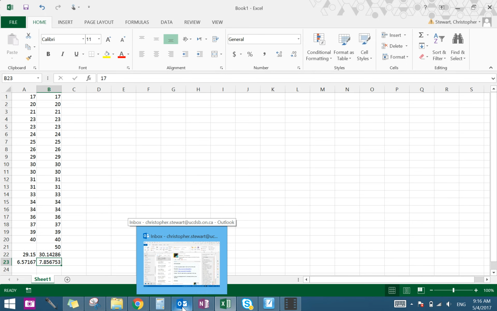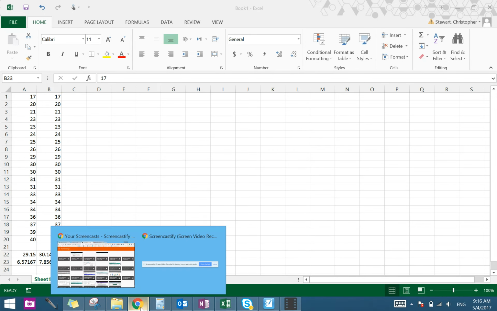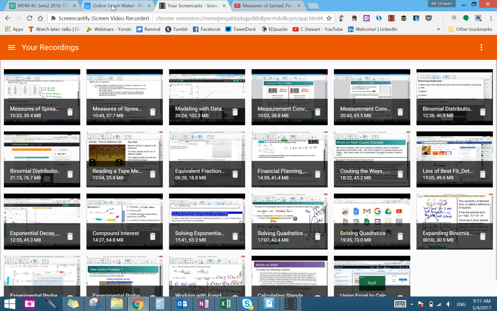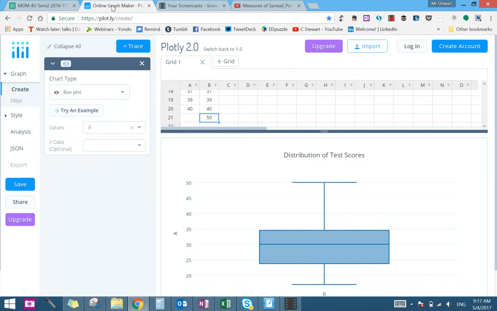Also visually, what we can do is copy and paste that data from Excel into a spreadsheet, specifically this one here, Plotly. Plotly is an online graphing calculator which will allow you to visualize some statistical plots. Using the box plot selection, let me show you the original set.